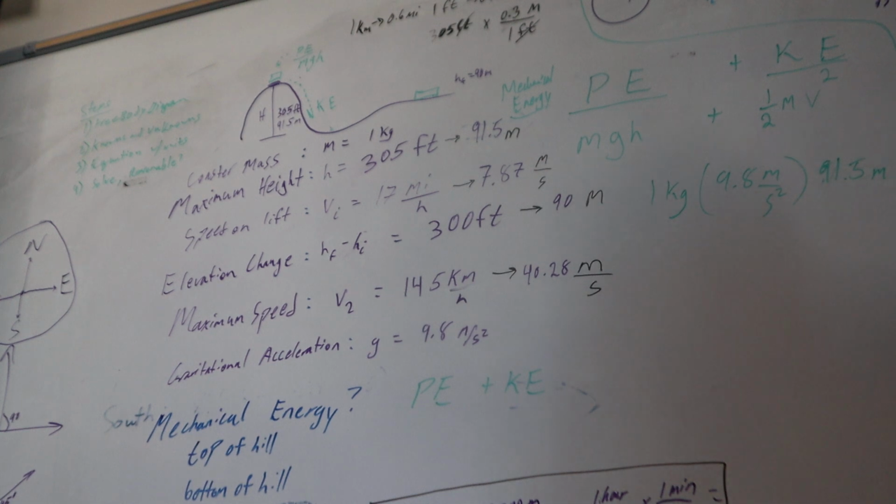Alright, 1 kilogram, my velocity. So what's my initial velocity? 17 miles per hour, which is 7.87 meters per second.